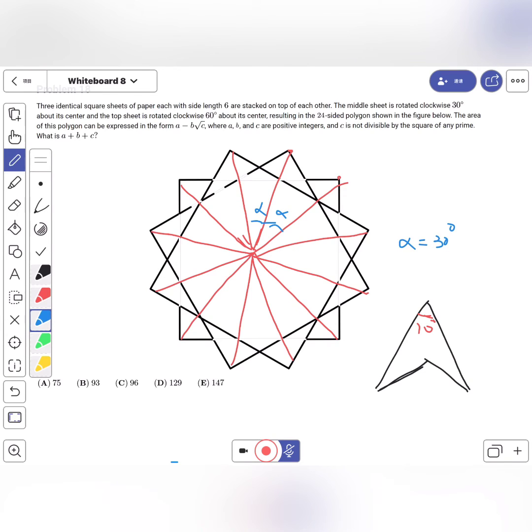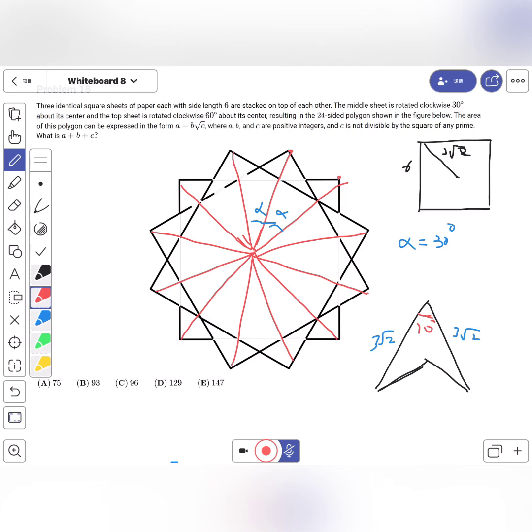Well, check this out. The longer side is basically half of the diagonal of the square, which, since the length is 6, means that the desired length is 3 times the square root of 2. Now we can see that we're dealing with this shape.